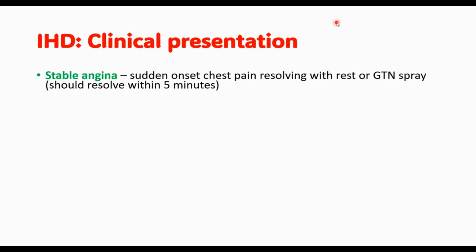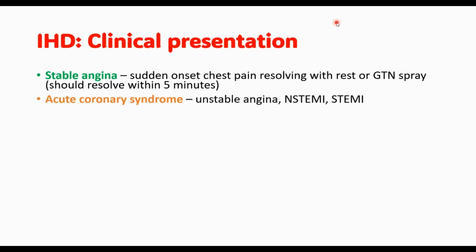GTN spray is glyceryl trinitrate spray, and that helps to dilate the coronary arteries, improving the blood flow to that muscle layer and getting more oxygen to the muscle layer. The pain associated with stable angina should typically resolve within 5 minutes.